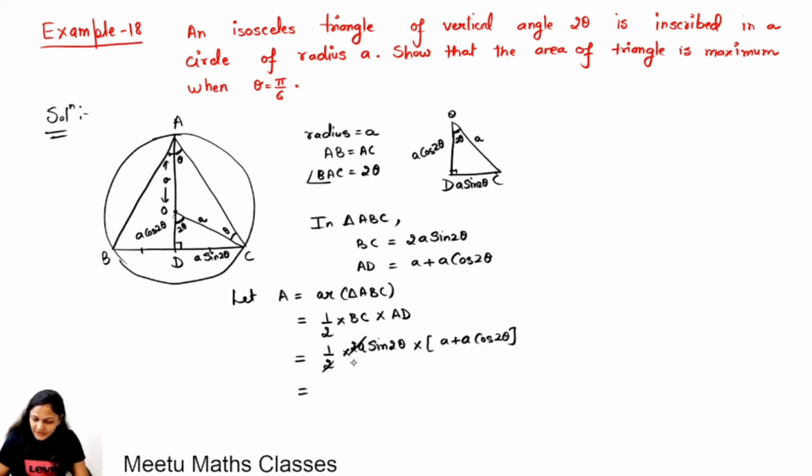If we take a common, so a square into sin 2 theta plus a square into sin 2 theta cos 2 theta.